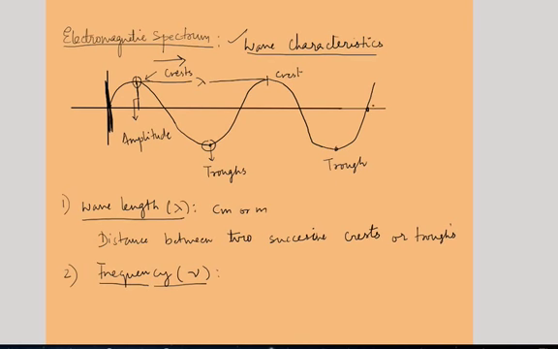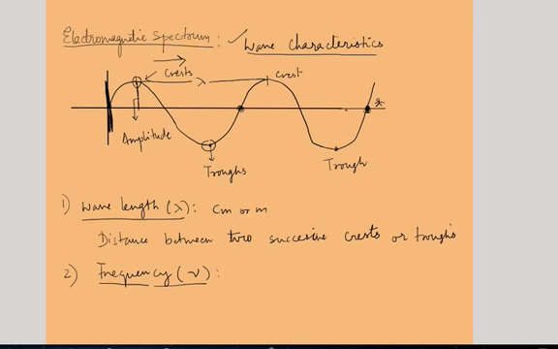So consider if I am standing here and trying to visualize how many waves can travel from this point per second, that denotes my frequency. So for instance, this entire thing from this point on to this point is one wave, and from this point on to this is my second wave.